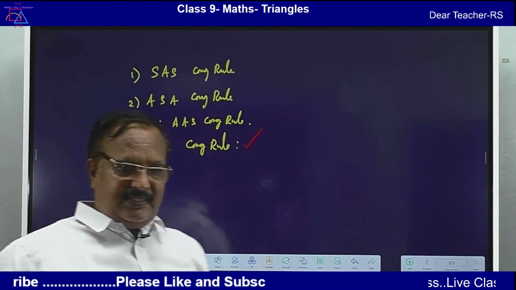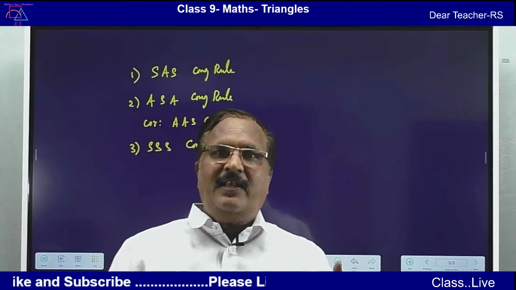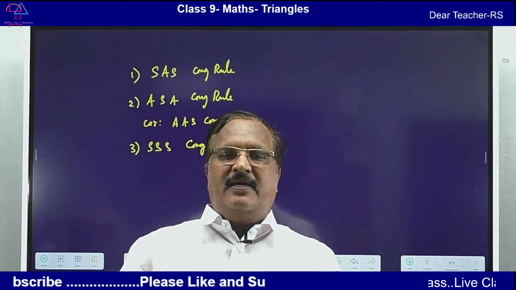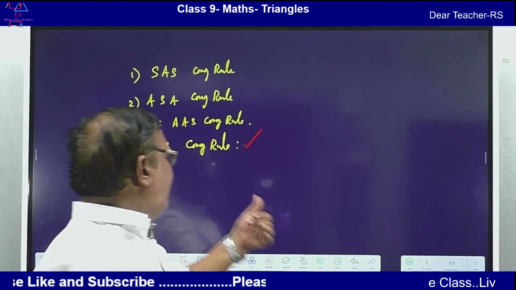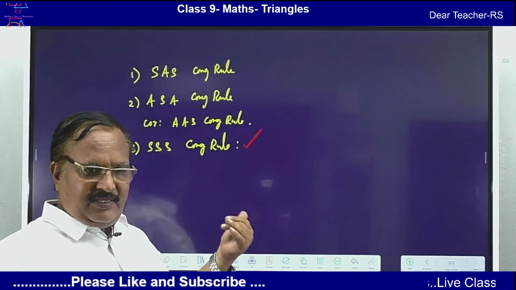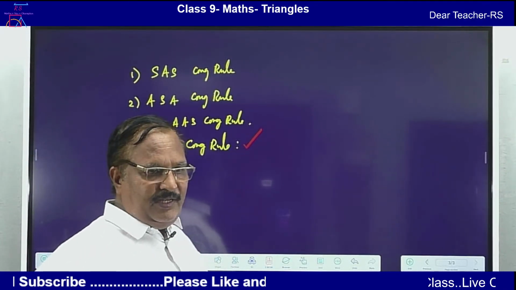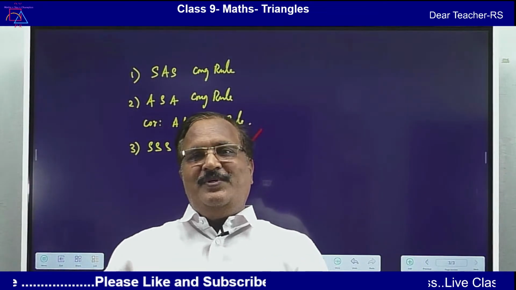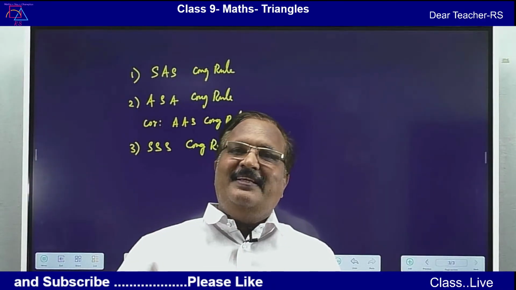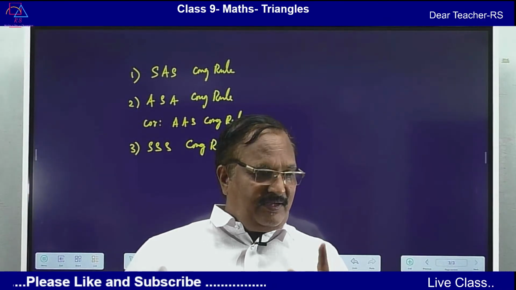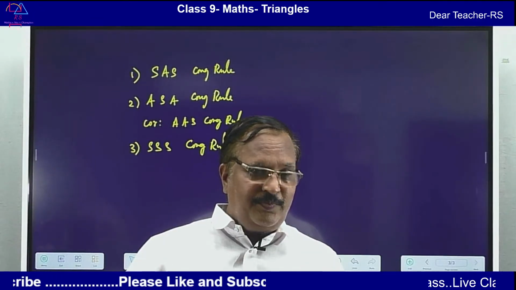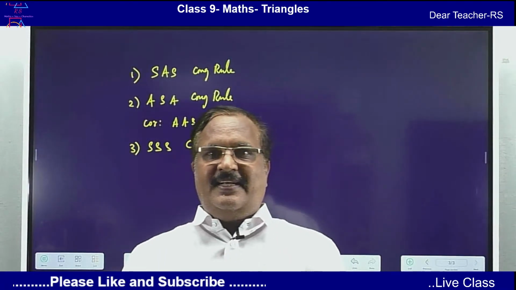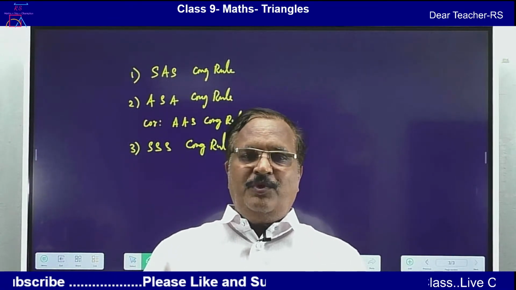Triple S: three sides of one triangle are equal to three sides of another triangle, then both the triangles are congruent by SSS congruency criteria. Again I will tell you, three sides of one triangle are equal to three sides of another triangle, then both the triangles are congruent.